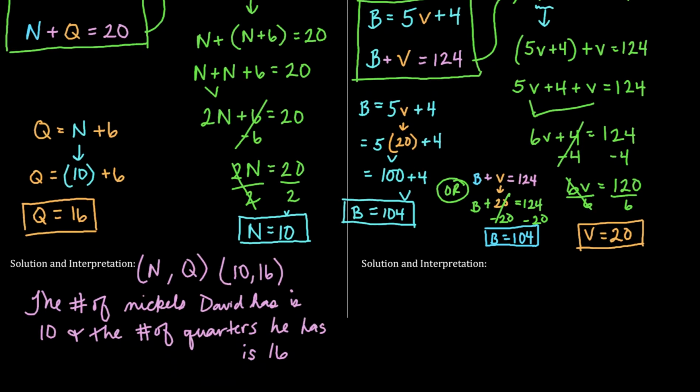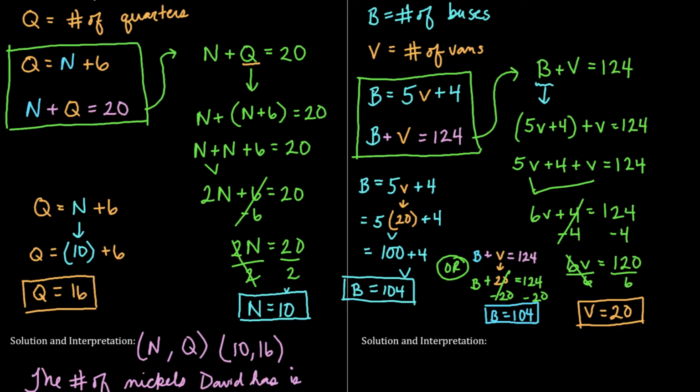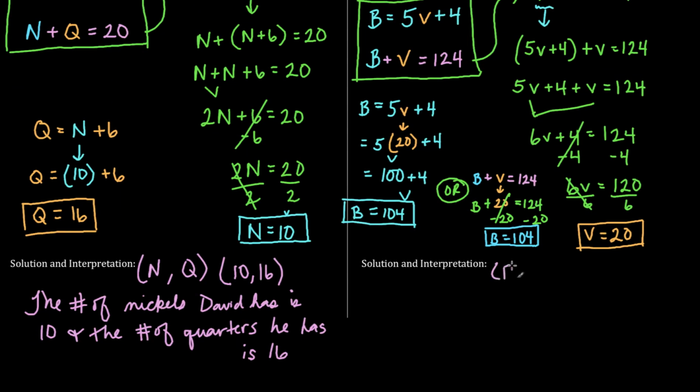So let's talk about our solution. So I'm going to put B and V again. B was 104 and V was 20.